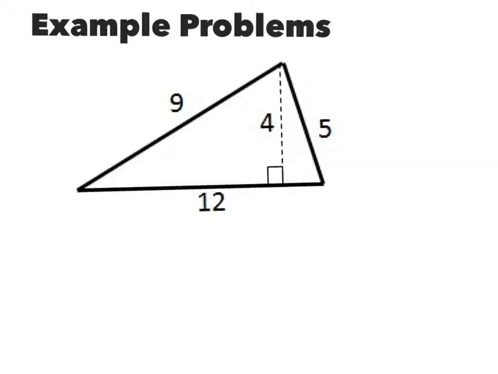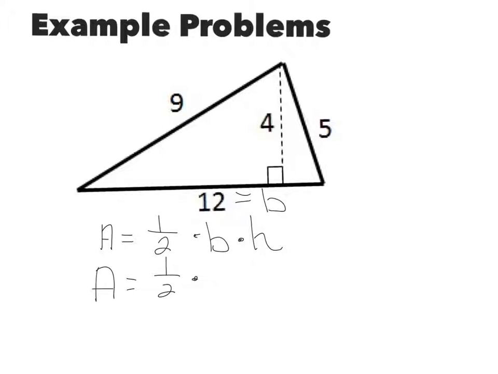Okay, let's look at another example problem. Do you remember what the first thing I told you was? That's right, write your formula. Area equals 1/2 times your base times your height. So in this problem, I have area equals 1/2 times, okay, our 12 is our base because it's our bottom flat side. 9 is slanted, so that can't be the height. 5 is slanted, so the height has to be this 4, because it is the only line that makes that 90-degree angle.